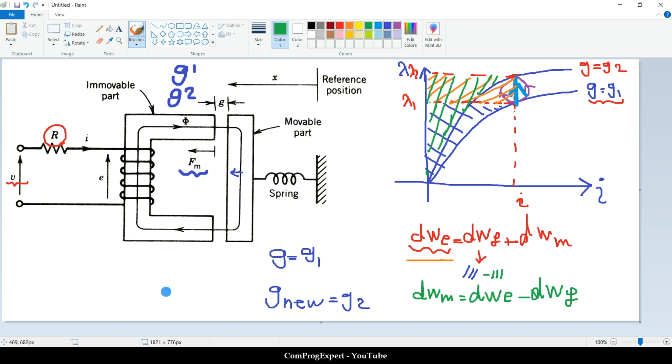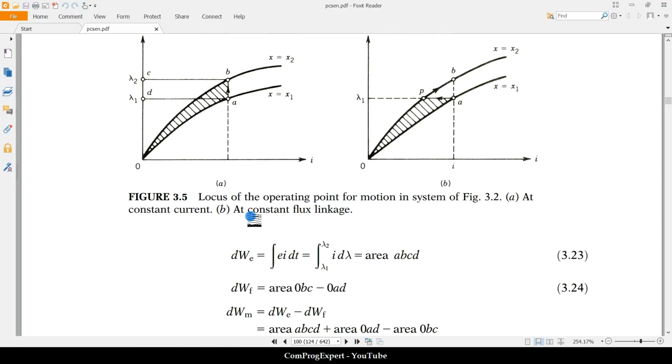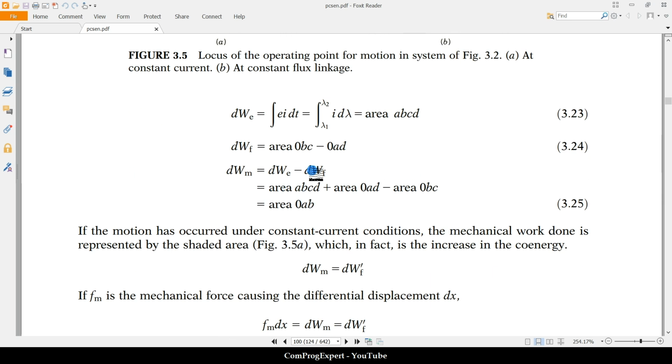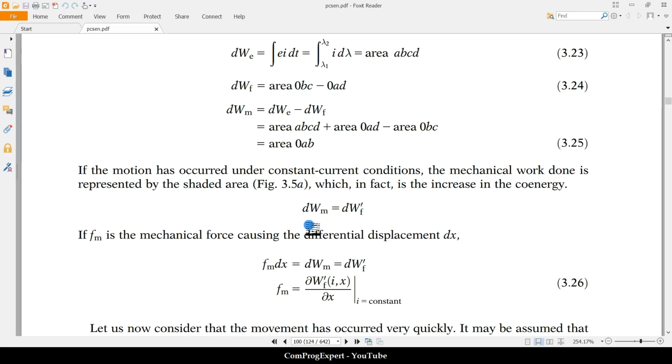That is actually this hatched area, 0AB. This area is dWm. This area is equal to the change in the value of the mechanical energy.